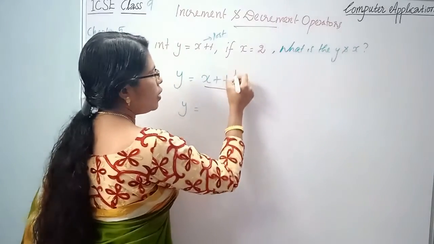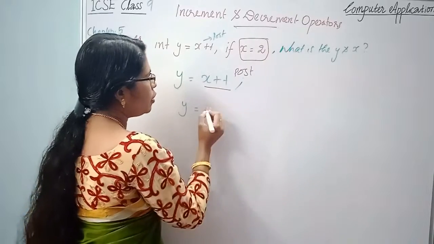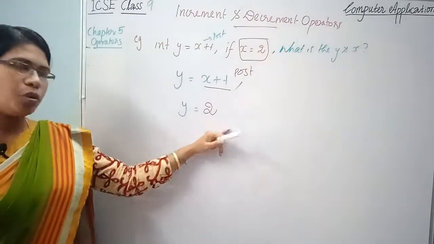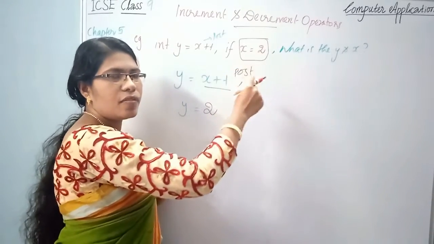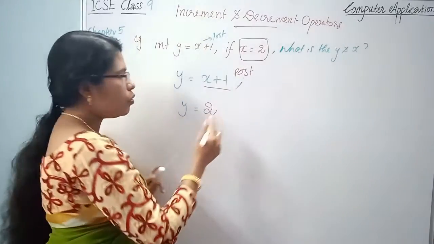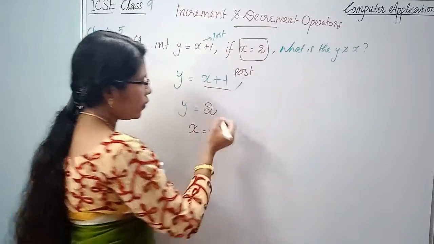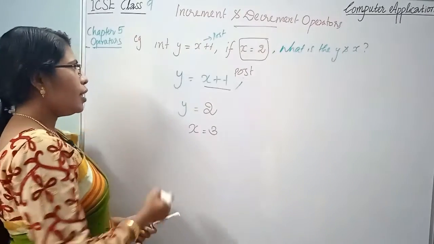Post increment means we will use the value first. So what is the value of x? X equal to 2. So we will use the value first. The value of y equal to 2. Then after using the value, x will be increased by 1. So what is the value of x? Now x equal to 3. Yes. So y equal to 2 and x equal to 3.